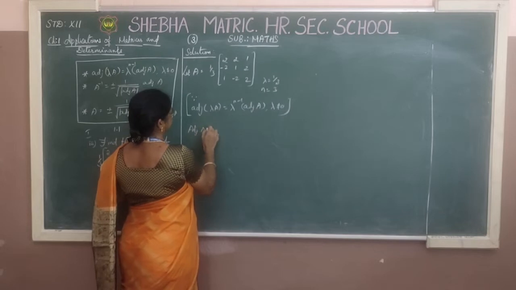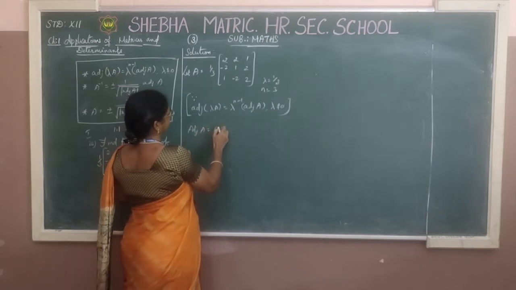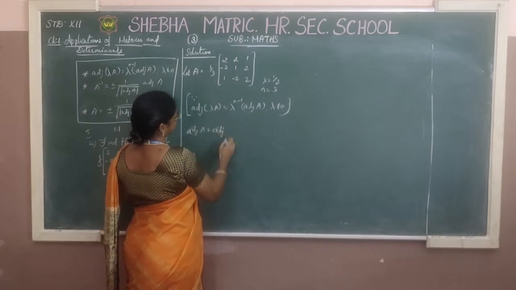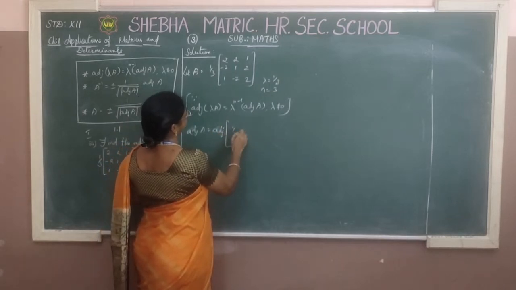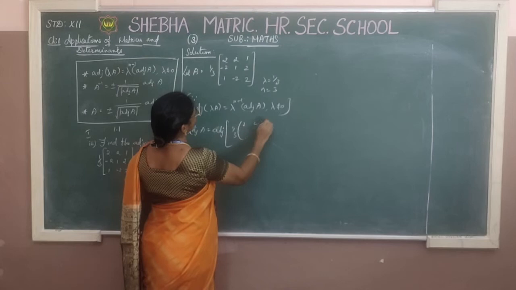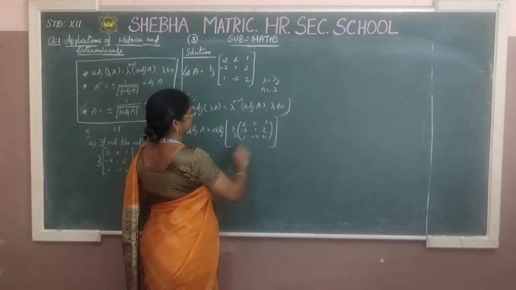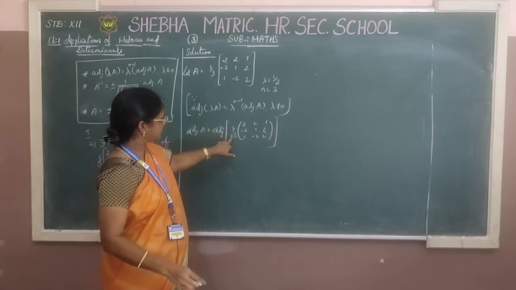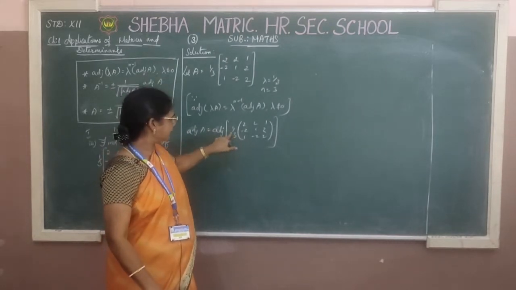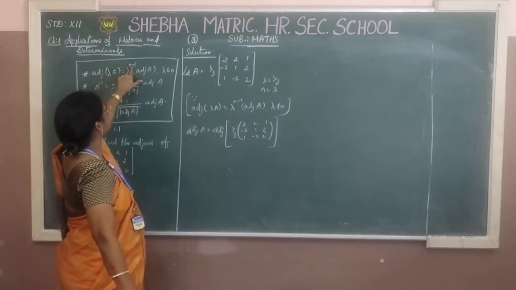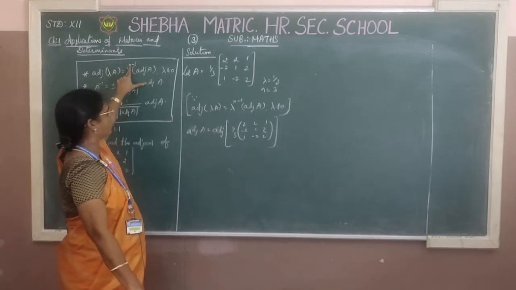Adjoint of A is equal to adjoint of 1 by 3 of the matrix 2, 2, 1, minus 2, 1, 2, 1, minus 2, 2. This is our lambda. We take this lambda outside with the power n minus 1.